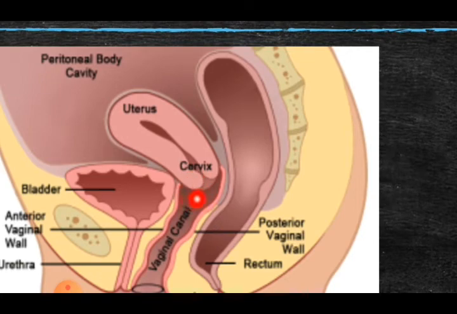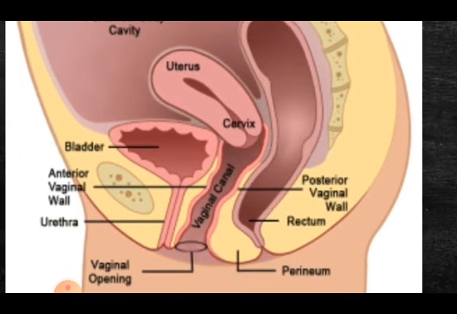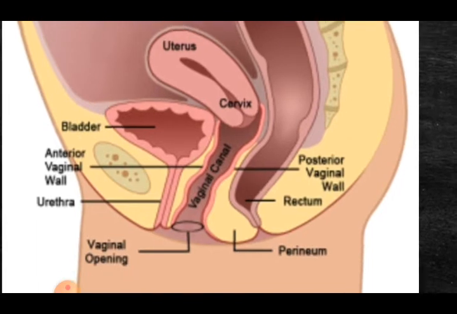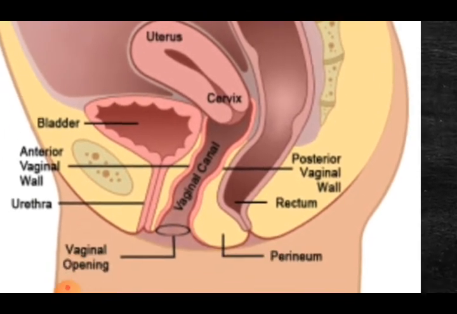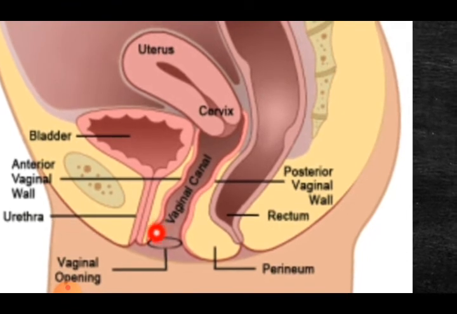So this is the proximal end of the vagina, and this is the distal end of the vagina that is opening in the vestibule, and this external vaginal orifice will be covered with the hymen.